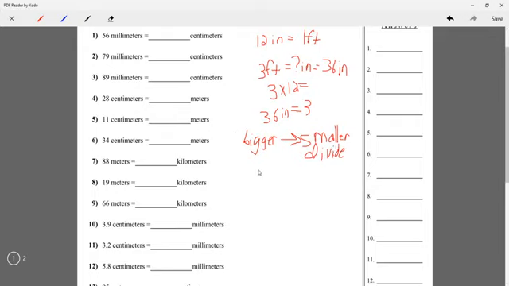And if you're going from smaller to bigger, see, I actually just messed this up. So if it's bigger to smaller, okay, you have to multiply.